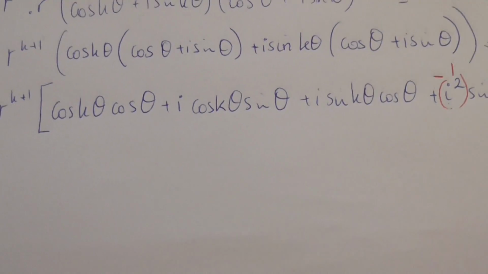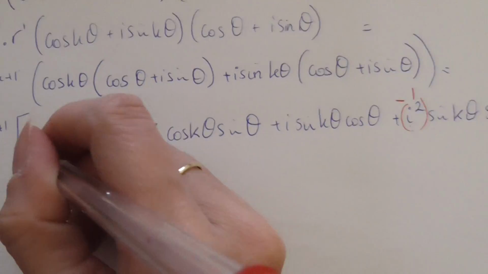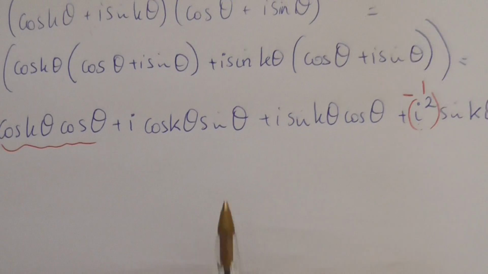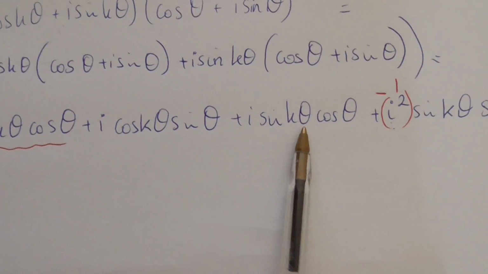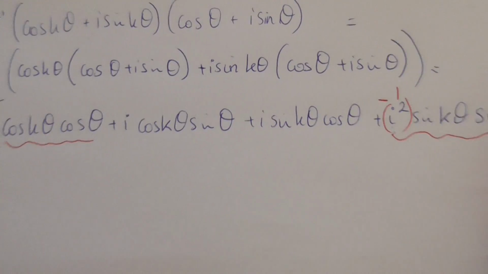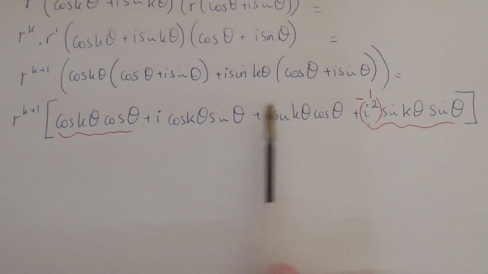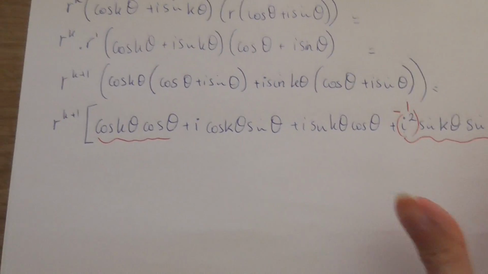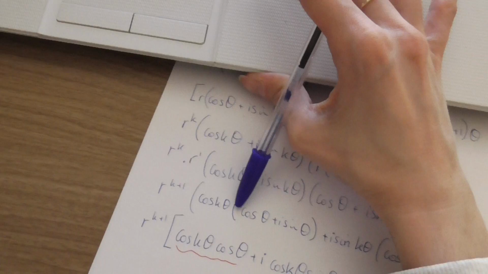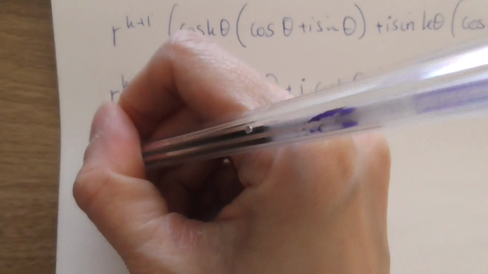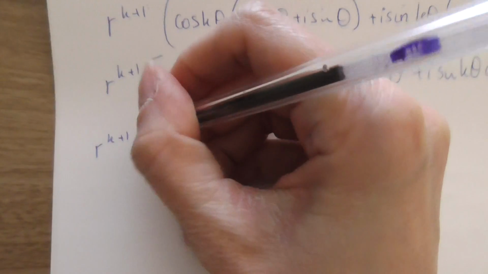So if I group my real parts together, anything that doesn't have an i in it, right, that's real. That is imaginary, that's imaginary, and now all of this is real. So they're my two real parts and they're my two imaginary parts. So I'm just going to rearrange it. Okay, so rewriting that and multiplying it out. r to the power of k plus 1, a bracket.